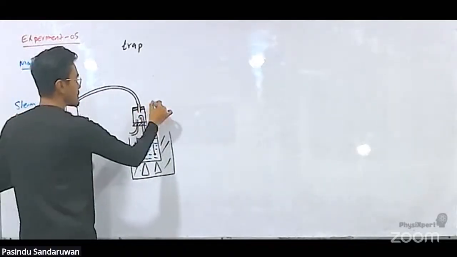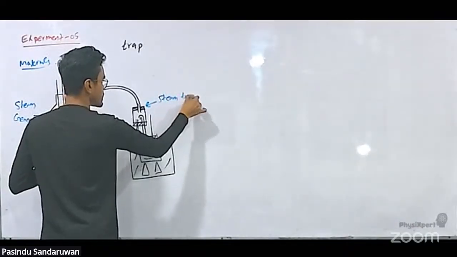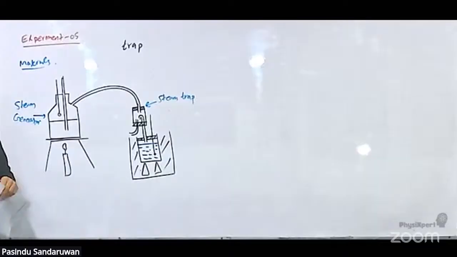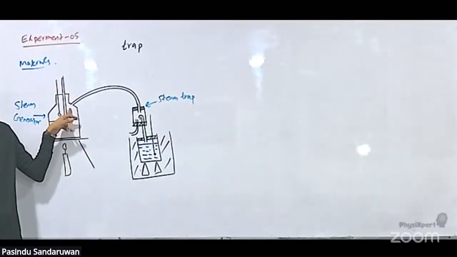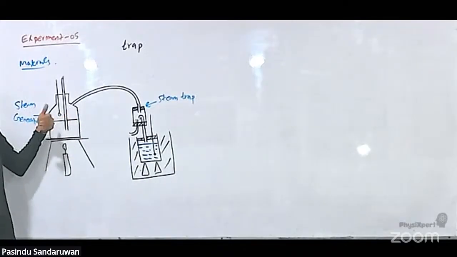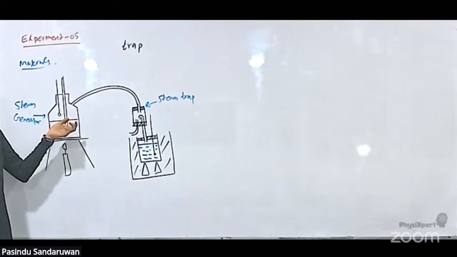This is called the steam trap. When steam comes from here to here, what is the temperature of steam here? It is 100. Boiling water forms steam at 100.